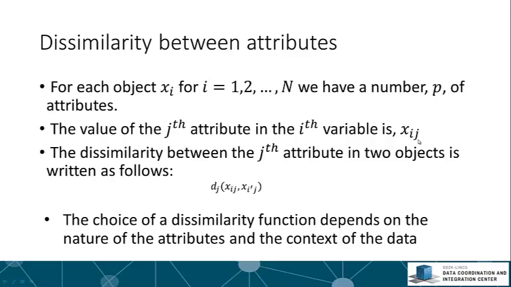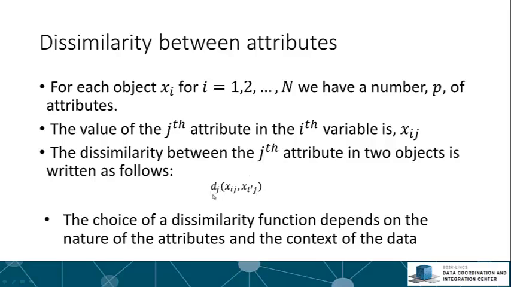Then, in terms of this notation, the dissimilarity between the jth attribute of two objects is written like so. So the dissimilarity is d. j indicates the attribute that we're talking about, and x_ij and x_i'j are the two attribute values between the two objects, i and i prime.